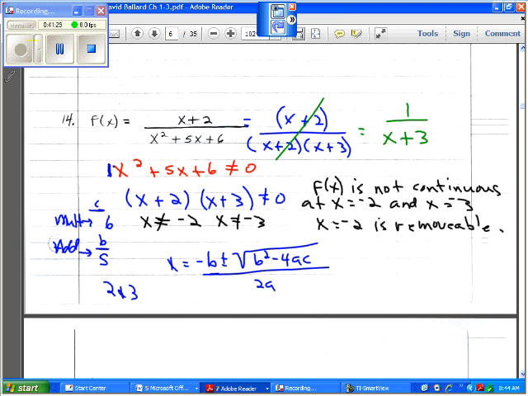Remember, we call these discontinuities, right? Discontinuities. The x equal negative 2 is a removable discontinuity.